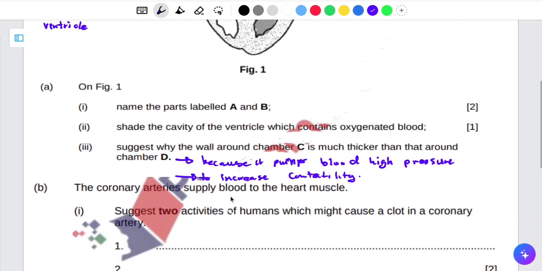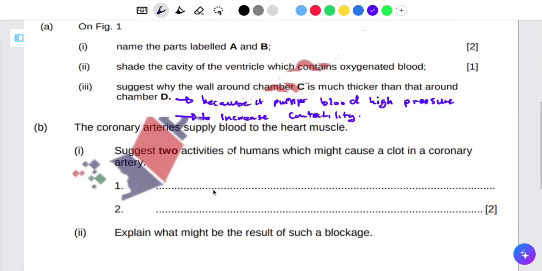Then as for question B, it is saying the coronary arteries supply blood to the heart muscle. Roman numeral number 1 asks for 2 activities of humans which might cause a clot in the coronary artery. A clot can occur in the coronary artery when a person is eating a lot of food containing fats.